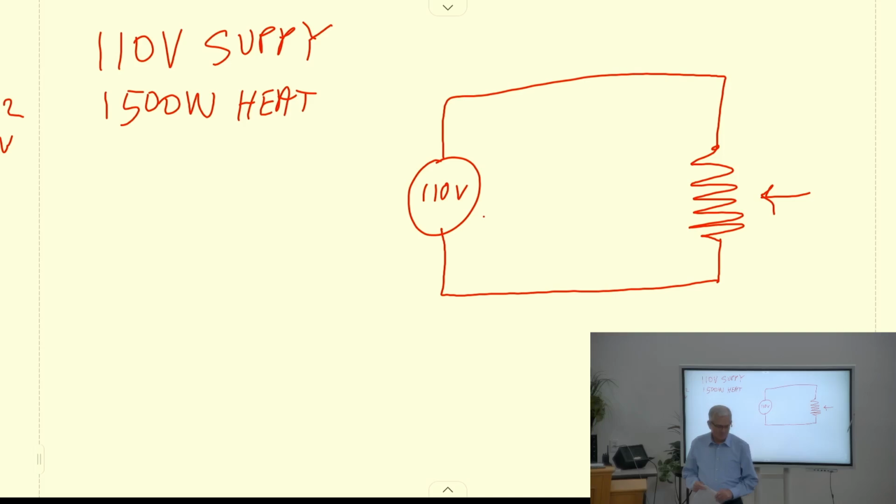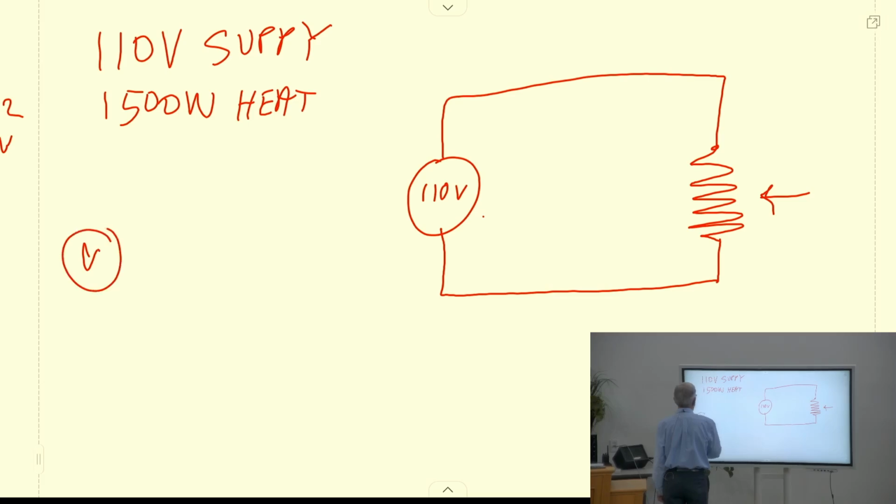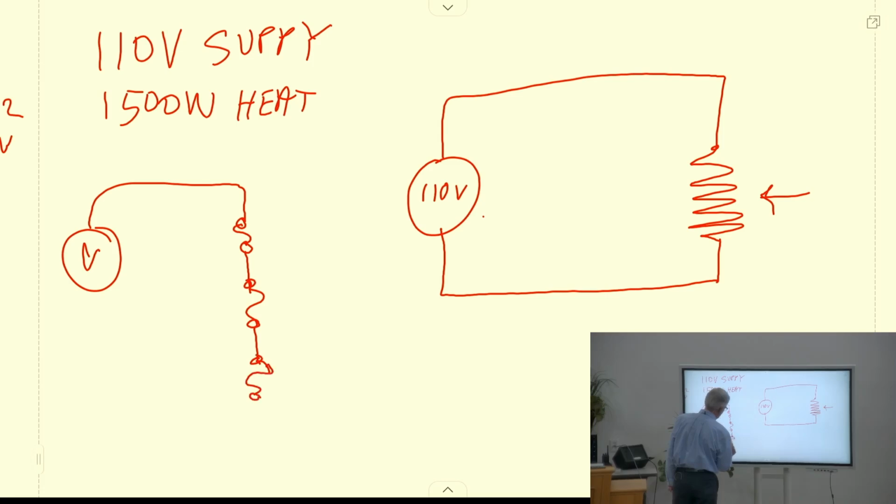But remember those cheap, old-days Christmas lights? Those are series. The super inexpensive Christmas lights had a series circuit, right? You had your voltage here, and that's actually a fuse symbol, but your lights are all in series, like that.